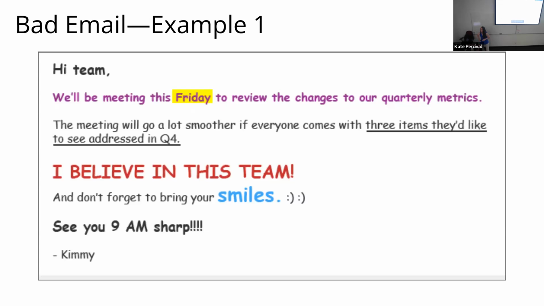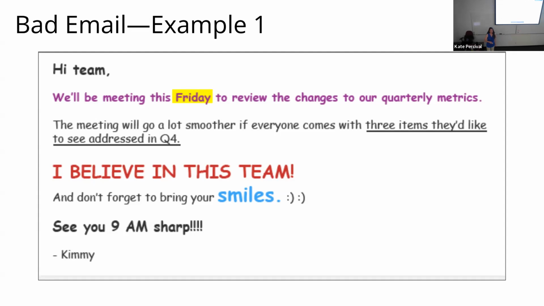Example of a bad email. It's a screenshot. It says, "Hi team," in purple. "We'll be meeting this Friday," highlighted, "to review the changes to our quarterly meetings. Meeting will go a lot smoother if everyone comes with 3 items they'd like to see addressed," underlined. And "I believe in this team. Don't forget to bring your smiles with punctuation emojis," not even real emojis, punctuation emojis. "See you at 9 a.m. sharp" with like 5 exclamation points.